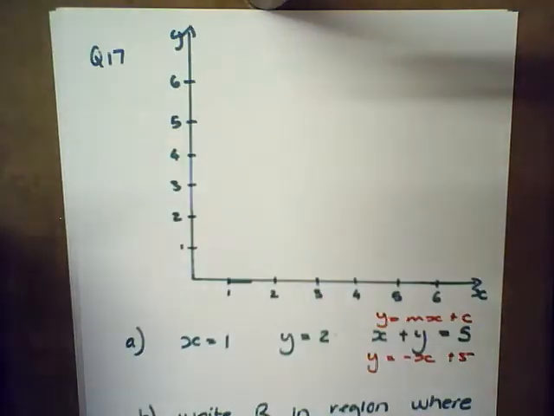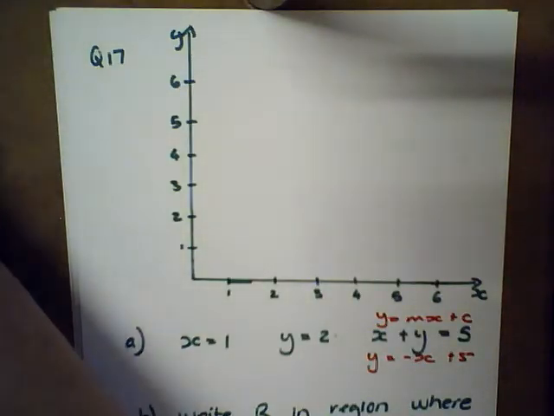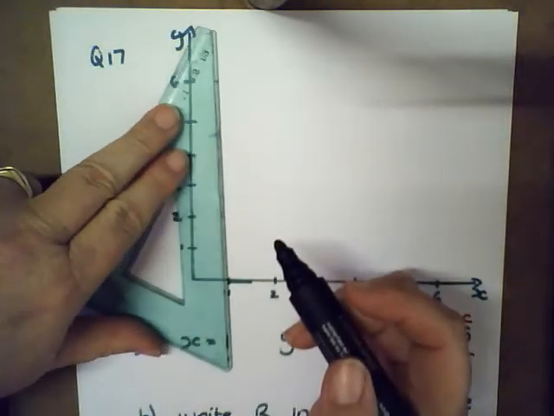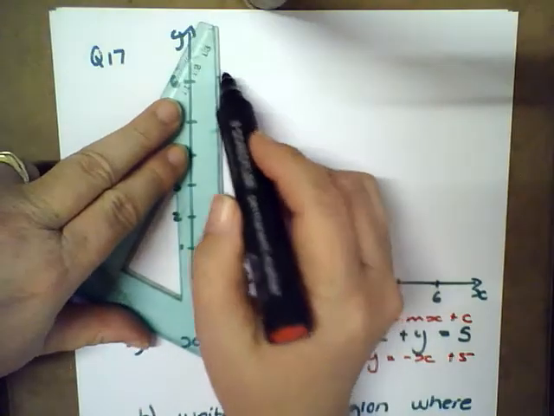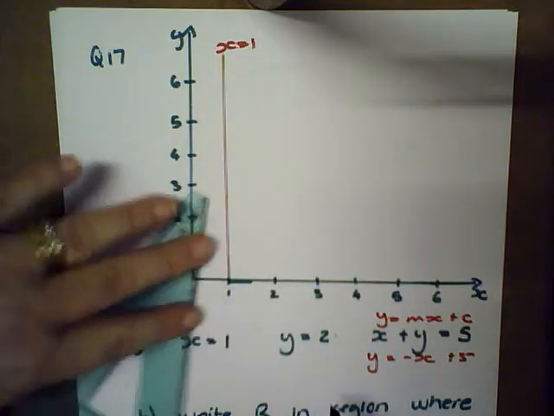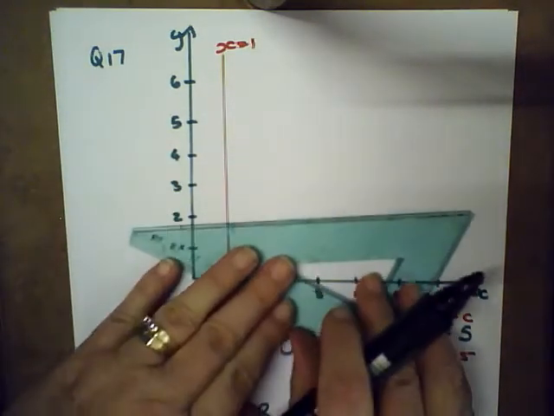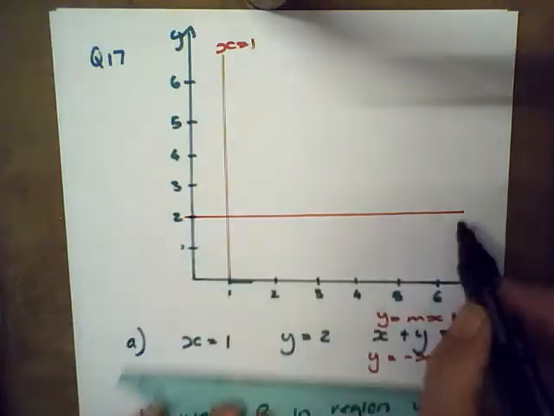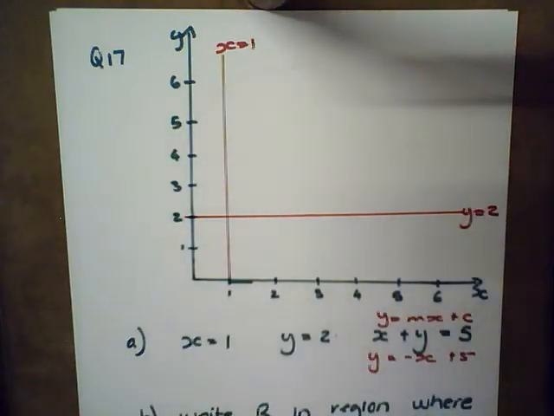X equals 1 is a straight line. Let me just get my straight edge here. That would give me a line that looks like that. X equals 1. Okay. Y equals 2 is a straight line that will pass through like that. Sorry, that's a little bit skew there.